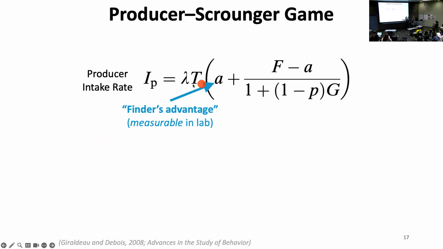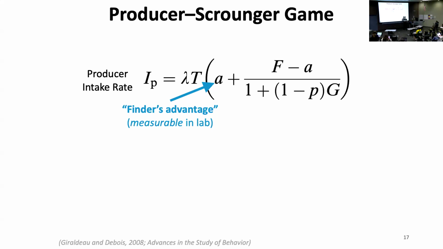They basically find patches, so this lambda is how often you find a patch if you're walking around at a certain speed. And this capital T, well, if you multiply how often you find patches by the length of the experiment, then this will be how many patches you find.